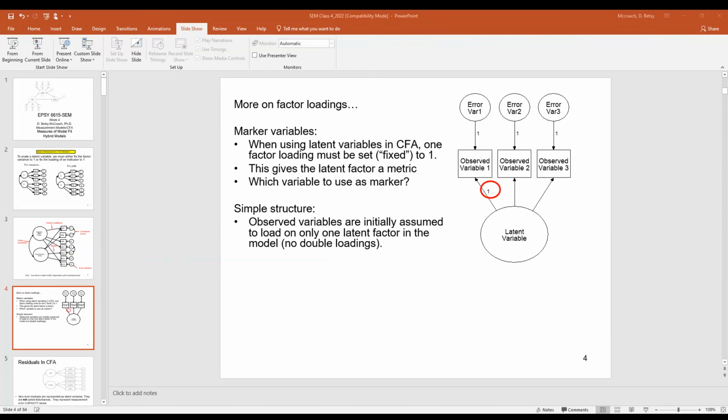Remember, if I don't have a direct path going from a factor to an indicator, then I'm saying that the direct effect from that factor to that indicator is 0. So a confirmatory factor analysis is a much more stringent test of the factor structure than an exploratory factor analysis is. It's also way more flexible because we can have correlated errors. We can have double loadings in some places, but not other places.